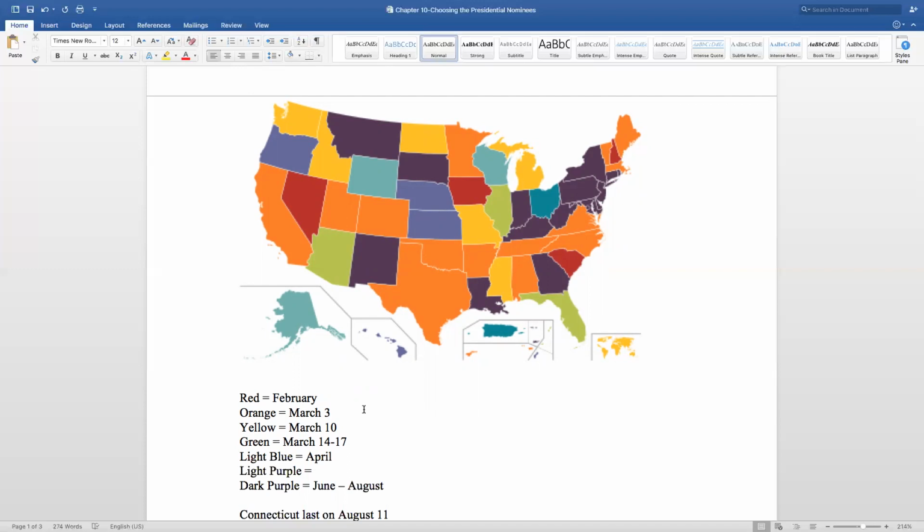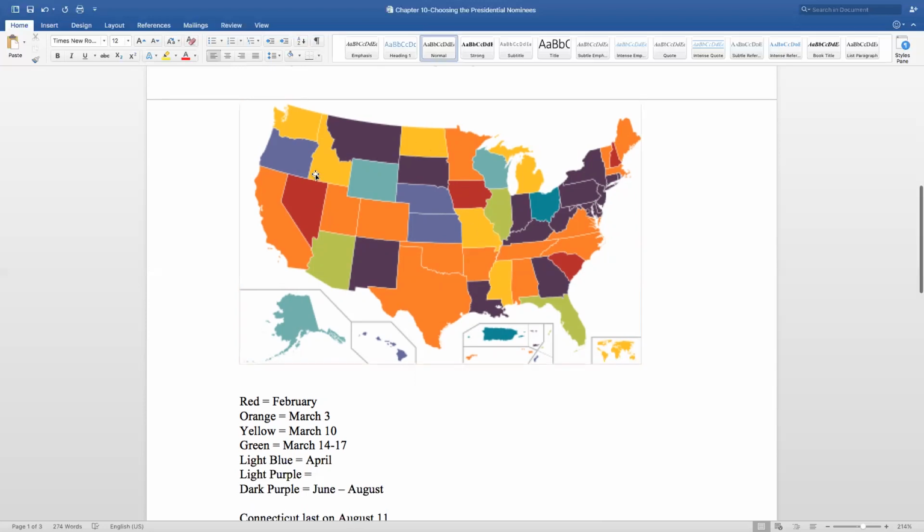The red states were in February. Then you see the orange states here, March 3rd. So these are like the Super Tuesday states. Yellow is March 10, so Idaho is actually on that one. Green is March 14th through 17th, so a ton in March, right?